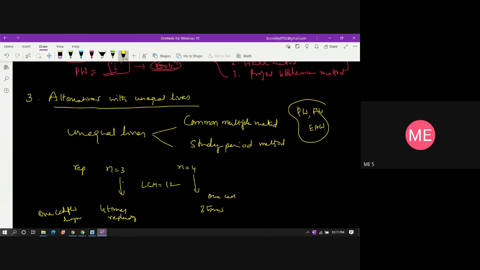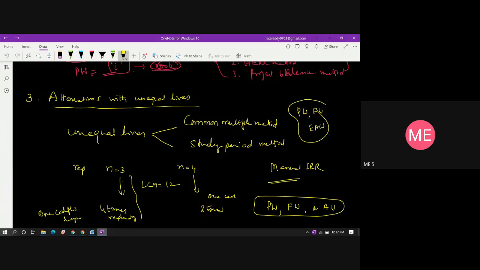So manual IRR determination in such cases is very difficult, because it gives huge equations. That is why in this case we use the PW, present worth, FW, and AW comparisons rather than the IRR method.